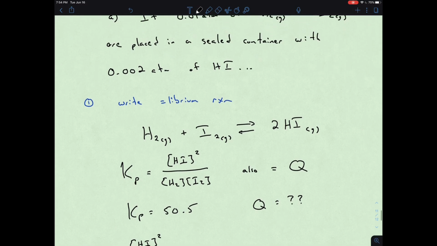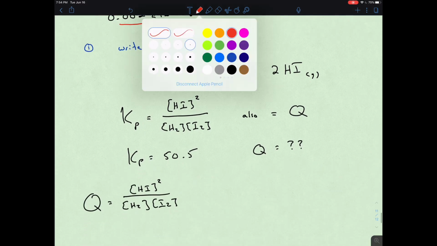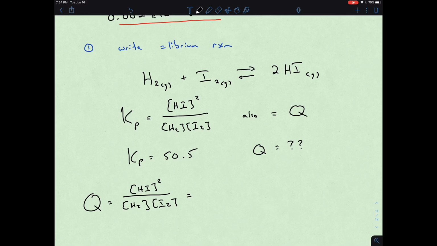So if we go back, we have these certain values that are describing our value of Q. If we plug those in, we would have 0.002 atmospheres squared over 0.01 atmospheres for the H2, as well as for the iodine gas.